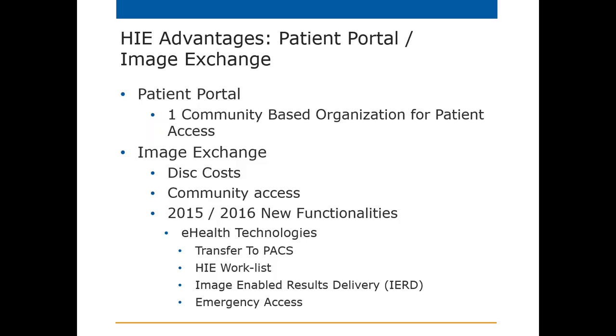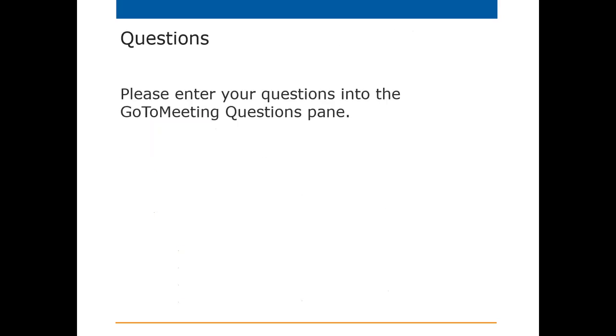You then have the community access for all of those, and you've got PACS and the HIE work list, and the image-enabled results delivery, and emergency access. So you've got all of these things available that will make it easier for patients to be a part of the HIE.